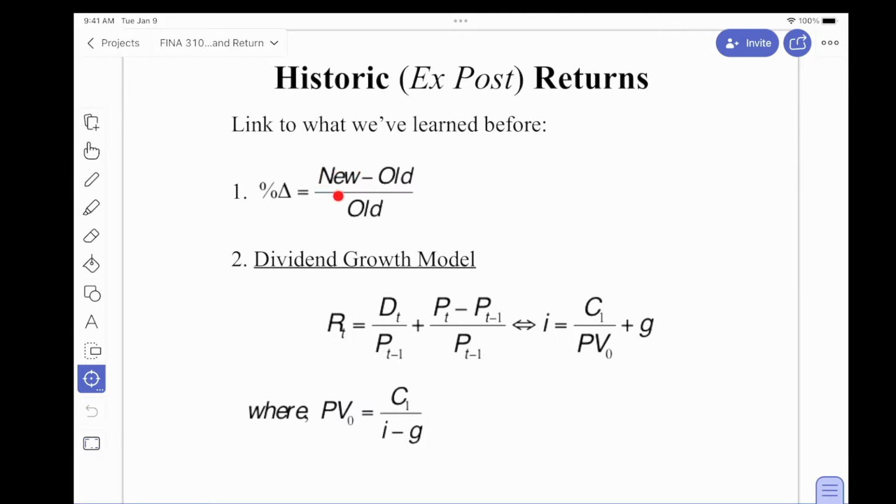So if I'm interested in the percentage change in price of a stock, then I take the new price minus the old price divided by the old price. So that looks familiar. So now I'm referring to T and T minus 1 as new and old. And that gives me the percentage change in price.